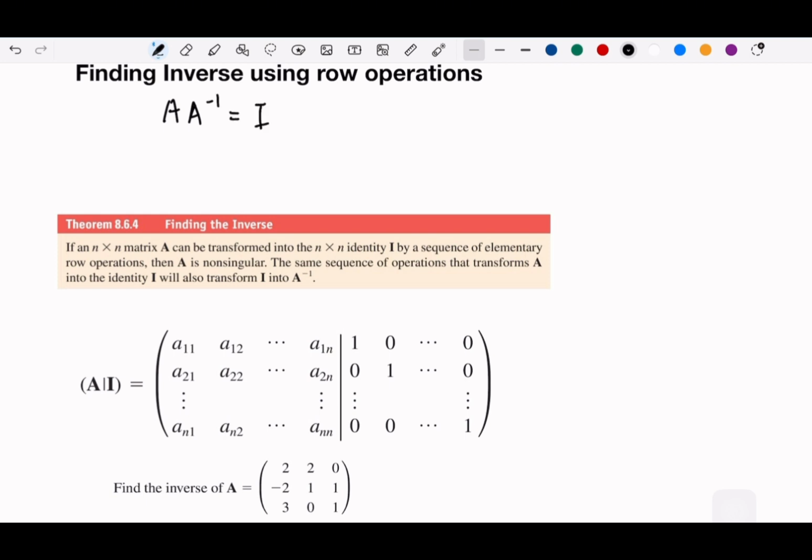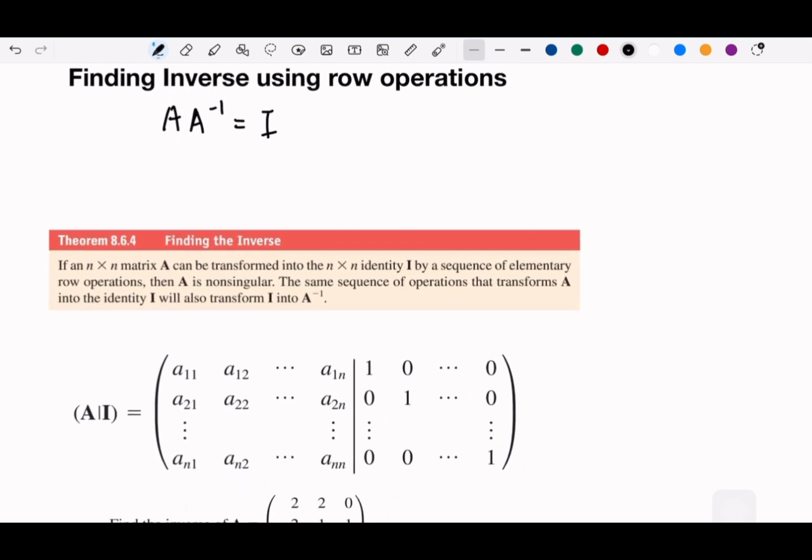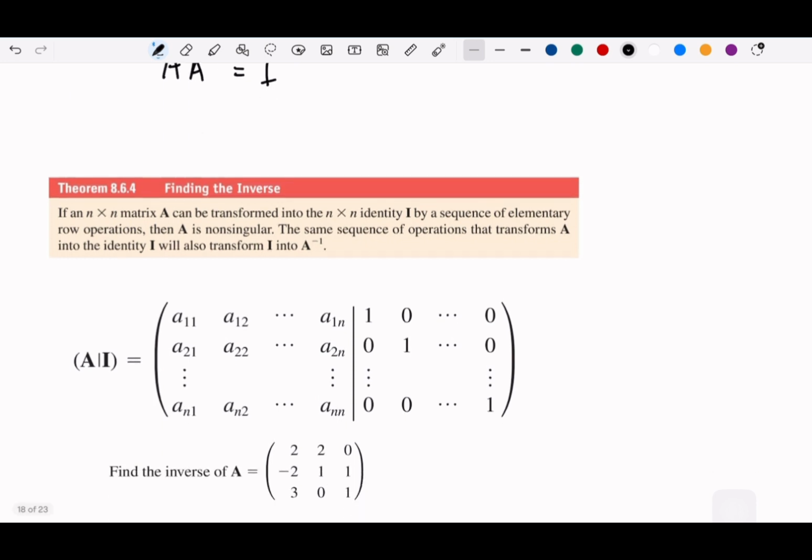So what we want is, we multiply each side with A inverse, or let's say we multiply this with A inverse or A. Maybe I'll explain this one first.